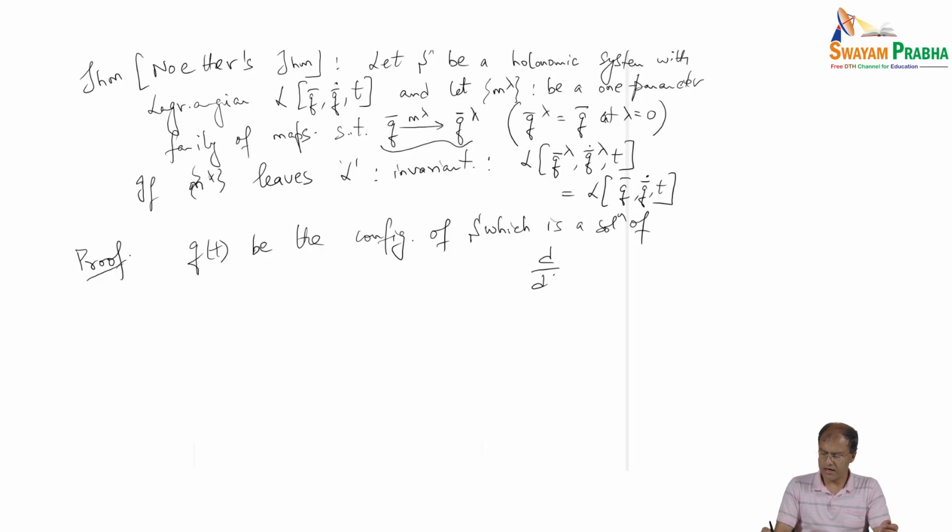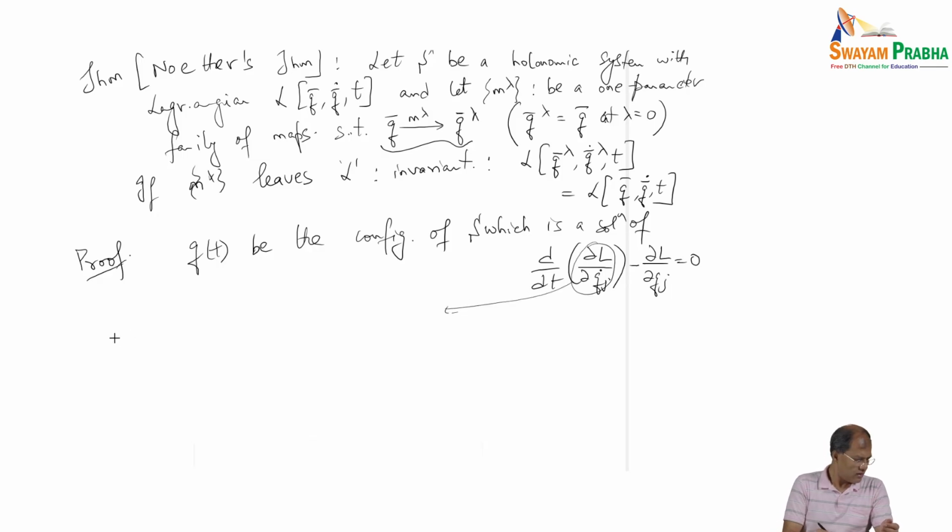So d/dt of partial L partial qj dot minus partial L partial qj is equal to 0. And now let us write the Lagrangian in terms of the generalized momenta. So we see that the Lagrange equation can be rewritten as follows.